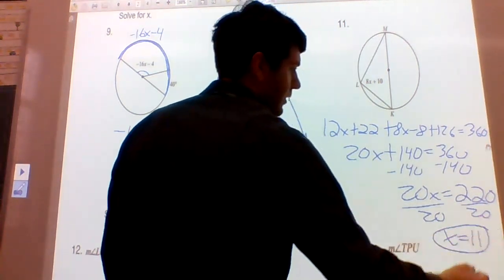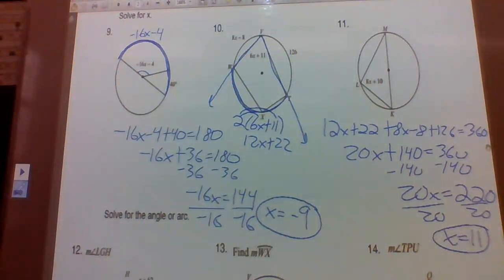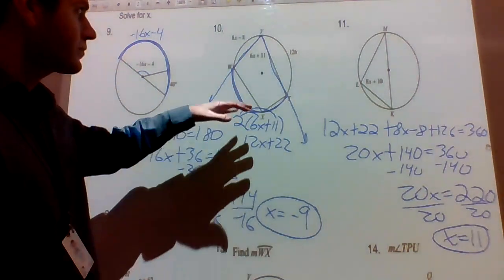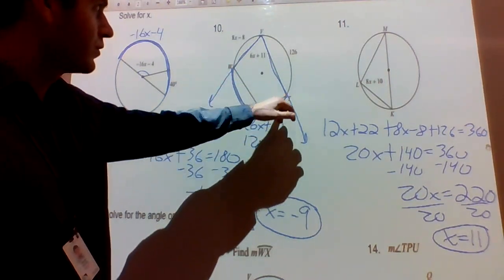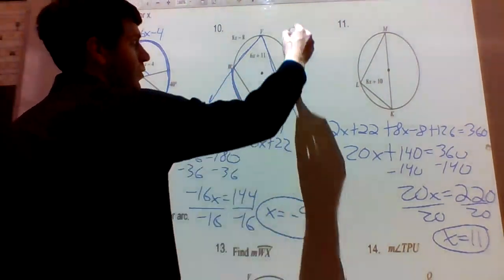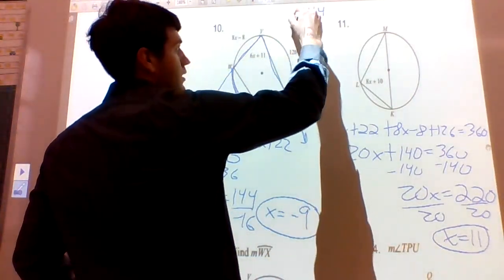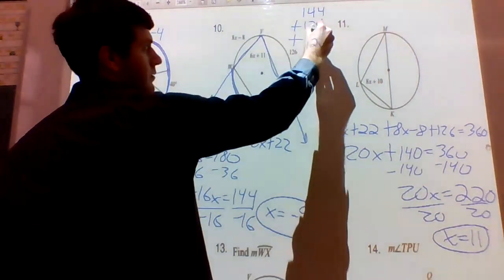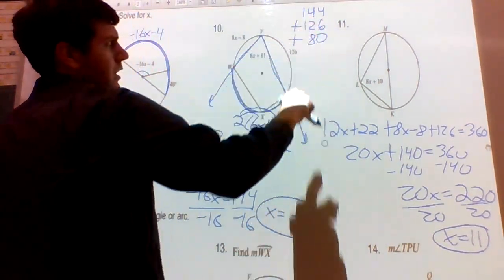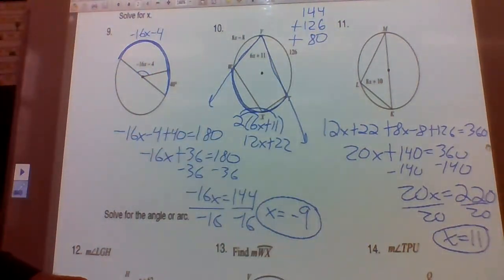Okay, we can substitute that back in to just make sure we're right. So 6 times 11, 66, that's 77. So this should be 144. So 144 plus 126 plus 80.